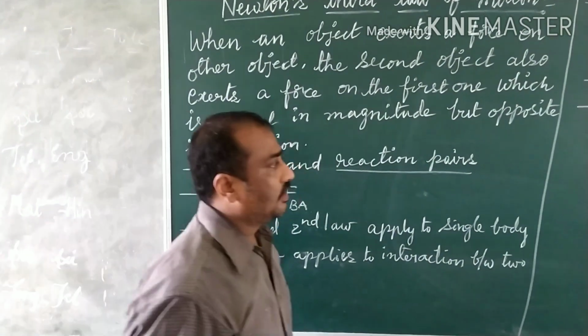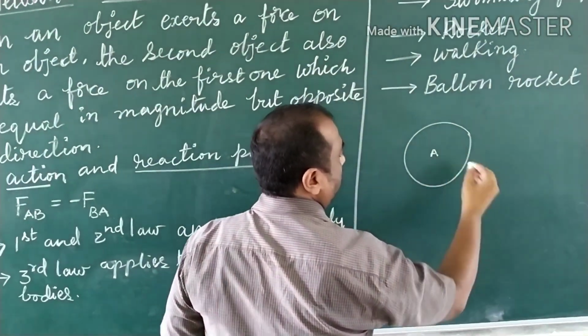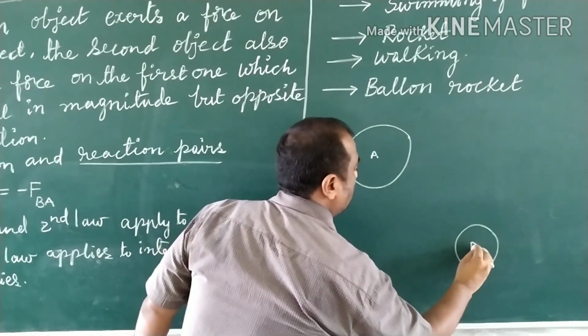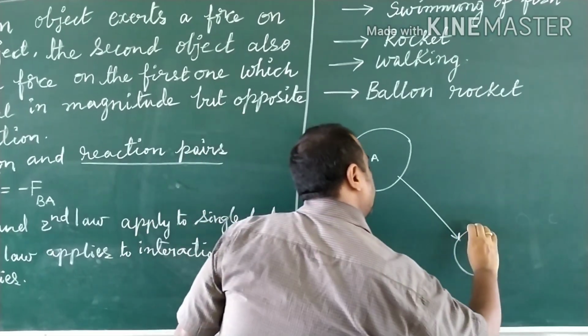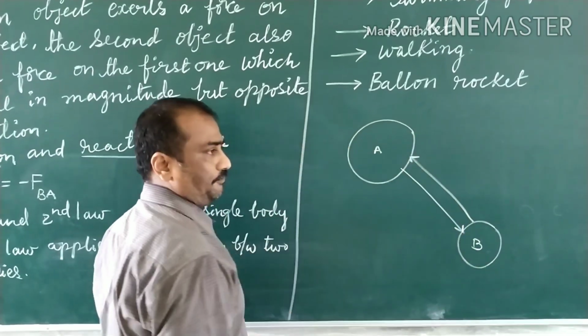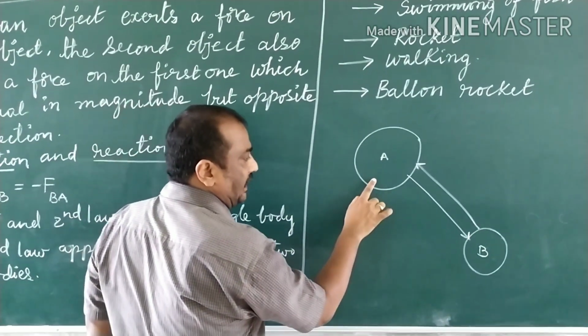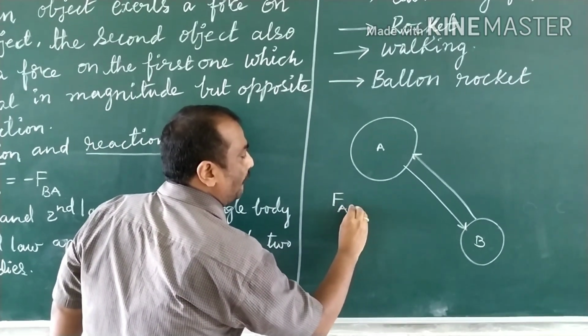For example, we can take two marbles, A and B, of different masses. If A exerts some force on B, then B exerts a force on A. The force exerted by A on B is called FAB.